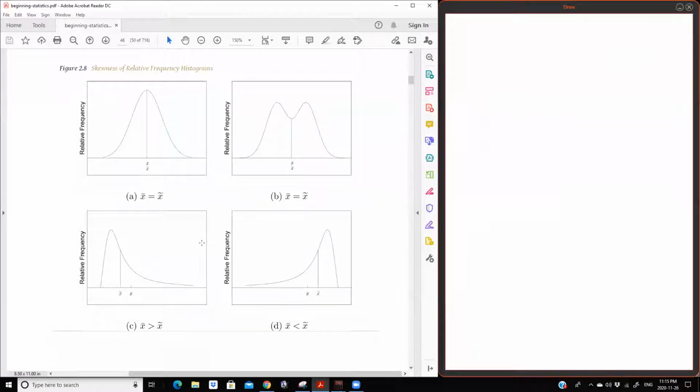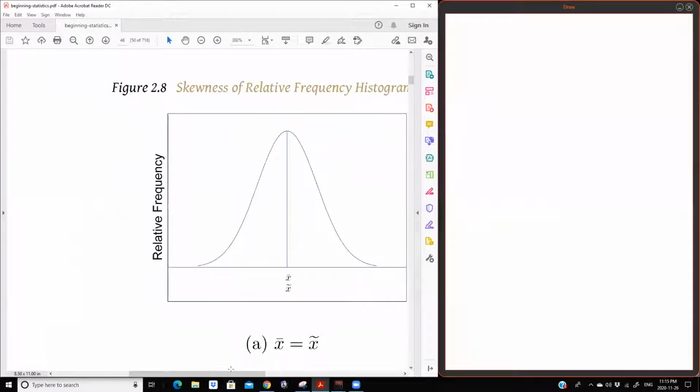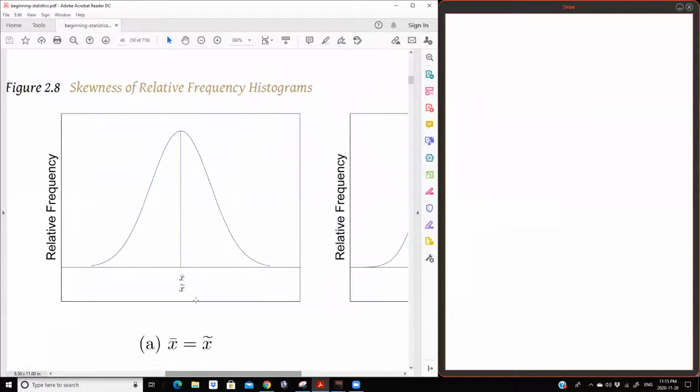Sometimes your relative frequency distribution is symmetric. Like in this case, imagine you have a relative frequency for your data, and it's a bell-shaped distribution. And as I said, this is very common in statistics. This is called the normal curve.